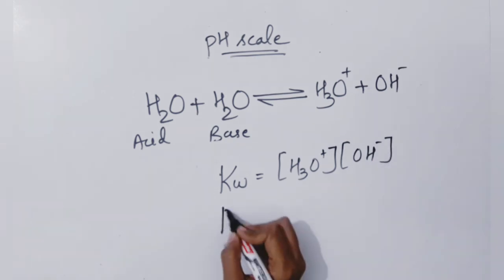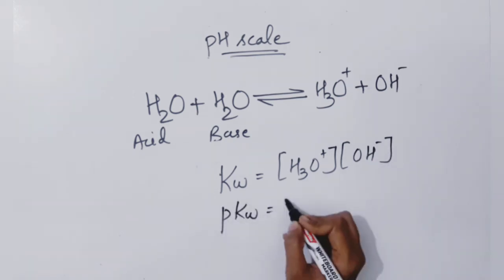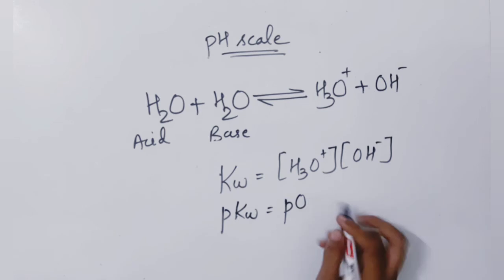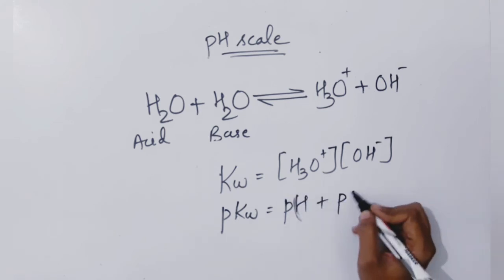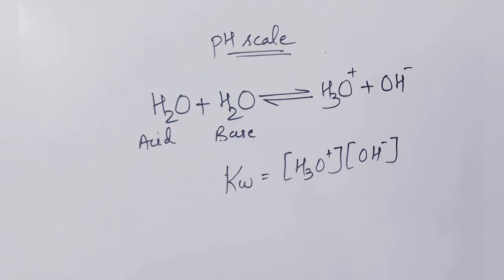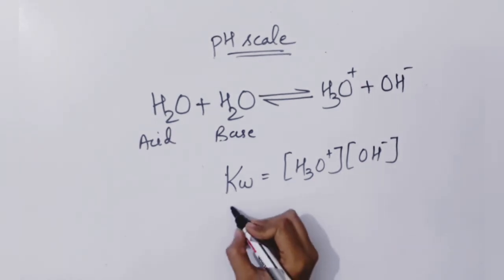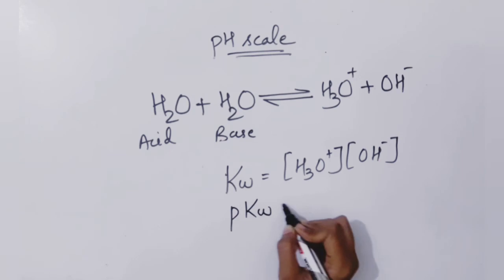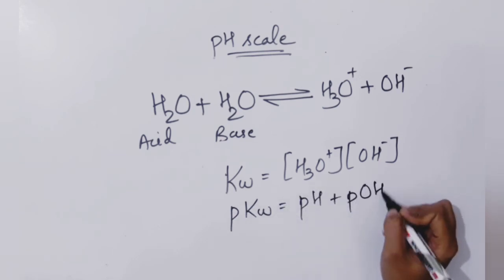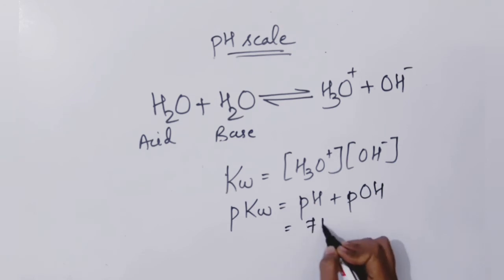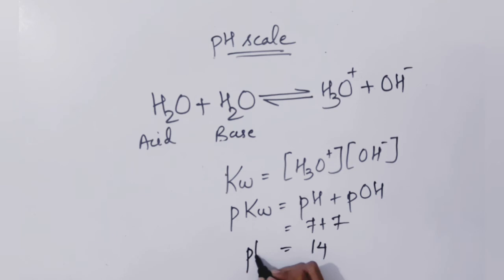If you calculate pKw, this will be equal to pH plus pOH, which is 7 plus 7, equal to 14. So the highest range of the pH scale comes to be 14.